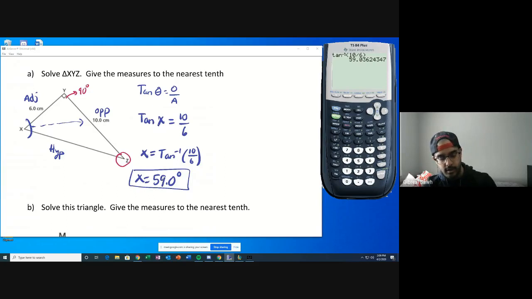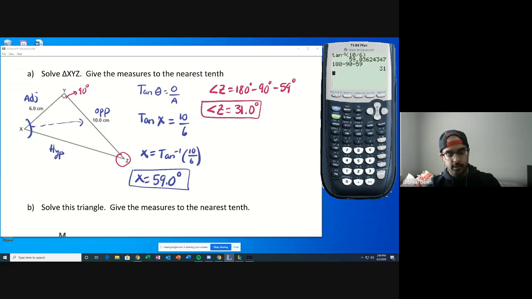In order to find angle z, that's going to be equal to 180 degrees minus 90 minus 59. Okay, so angle z is going to be, let's just do some subtraction here. So 180 minus 90 minus 59, that'll give us 31 degrees. It does say nearest tenth, so we'll go 31.0 also.